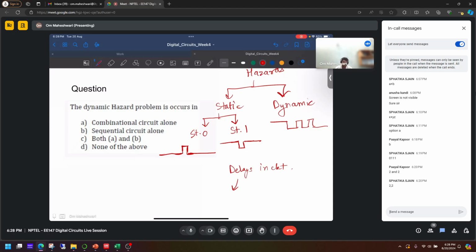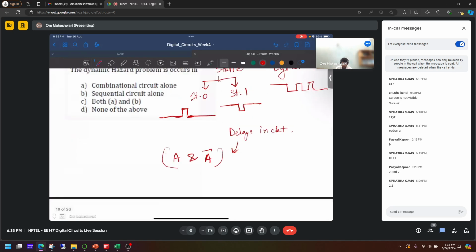These usually happen in those circuits where in the Boolean expression you have a variable, let's say A and A bar, both present in your Boolean expression. Then there is a chance that these hazards could be there.